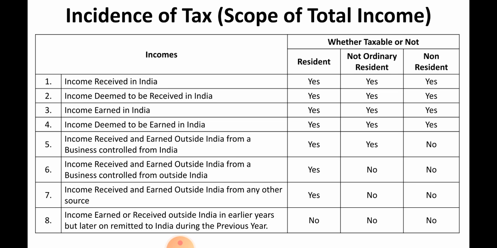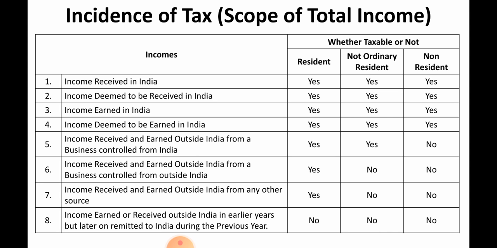First, income received in India. As we have already discussed, income received in India is an Indian income, and Indian income will be taxable for all types of assessees. So simply yes, yes, yes. It means it is taxable for resident, not ordinarily resident, as well as non-resident.